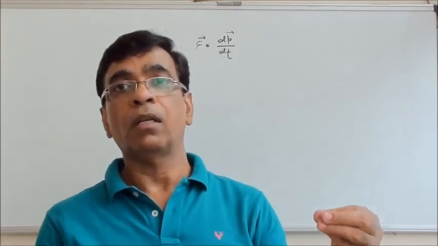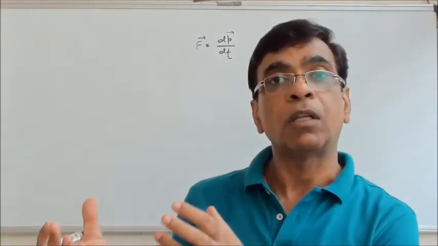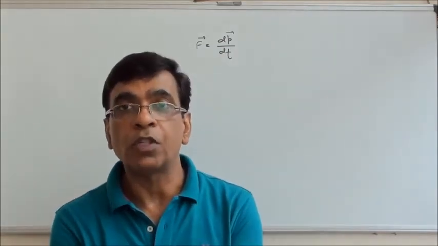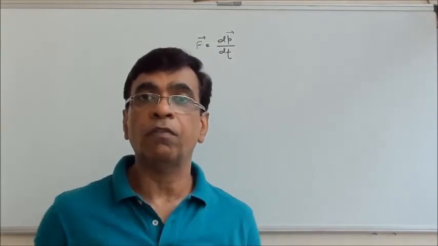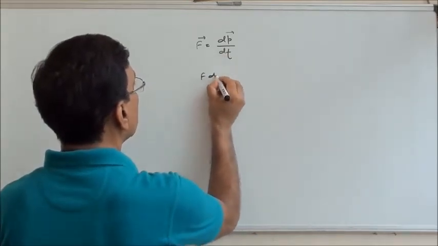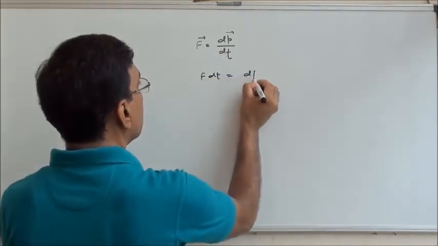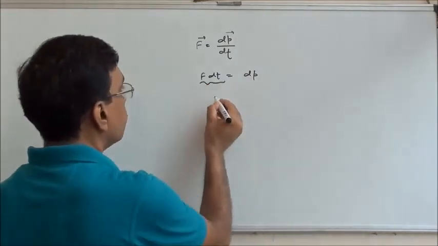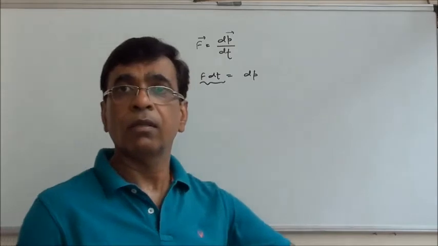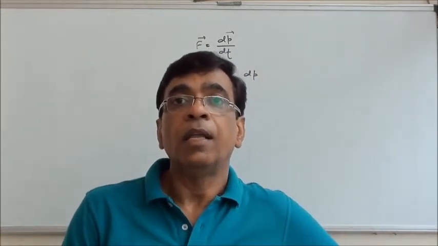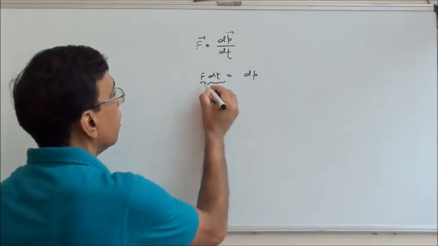Whenever one body collides with another, a very large force acts, but the duration of that force is very small. So from the second law again, F dt is dp.